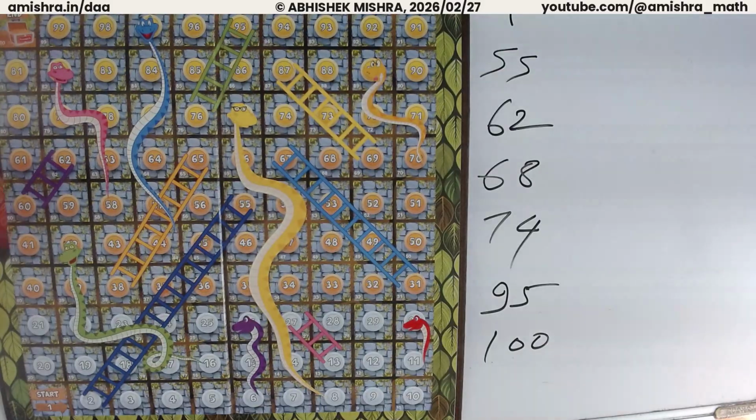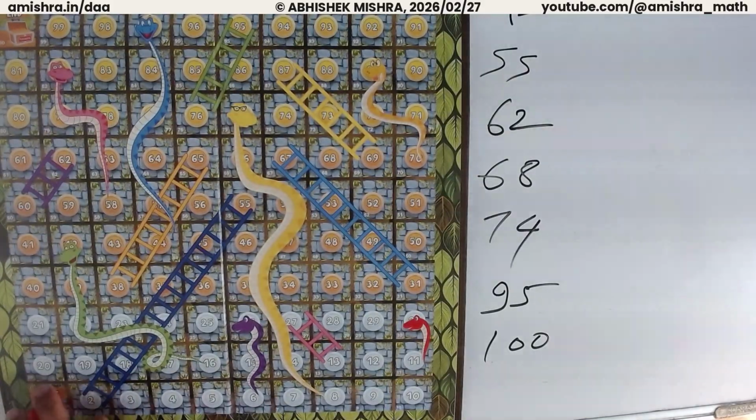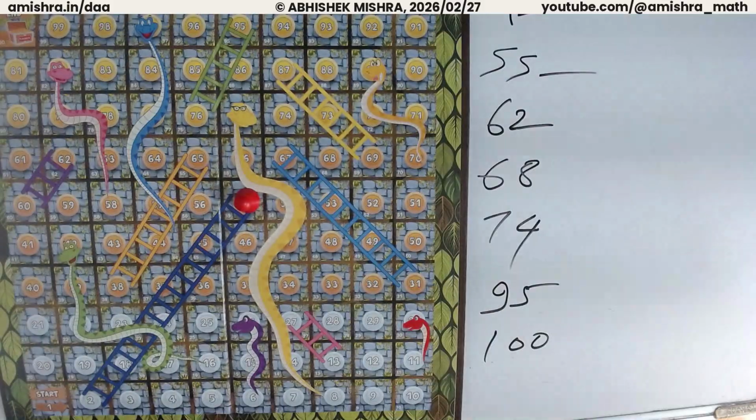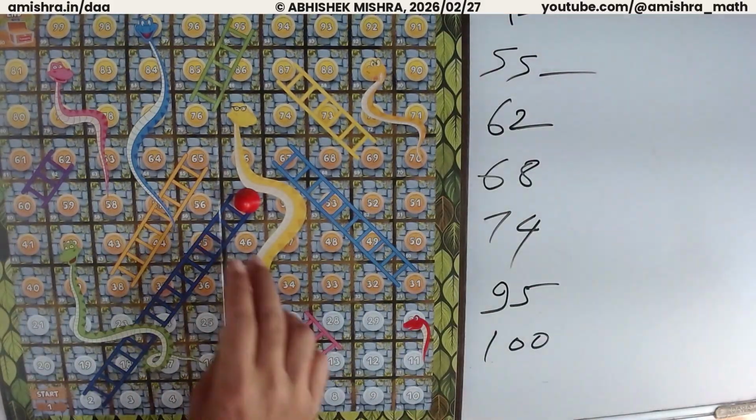Now the property of a deterministic algorithm is that we can easily predict the next move. If we run the algorithm once again, we get exactly the same sequence of moves. Starting from 1, the next move is to jump to 55. Again we can easily predict the next move.